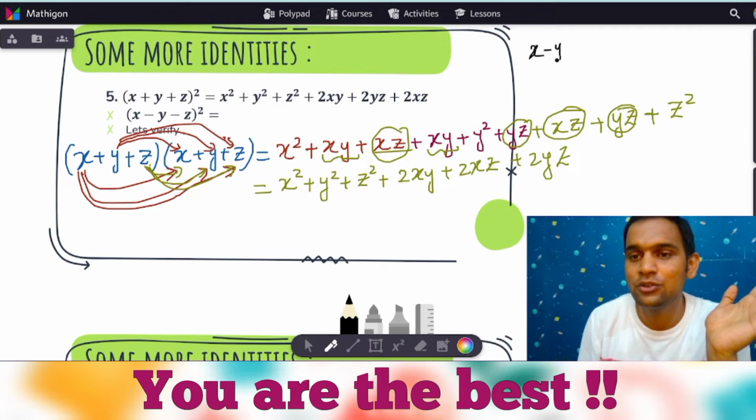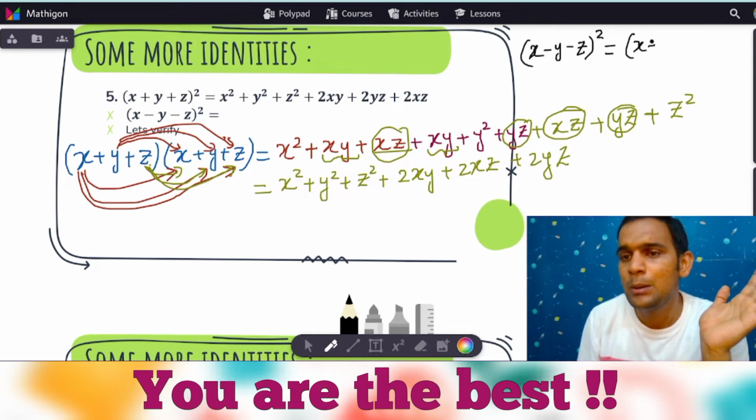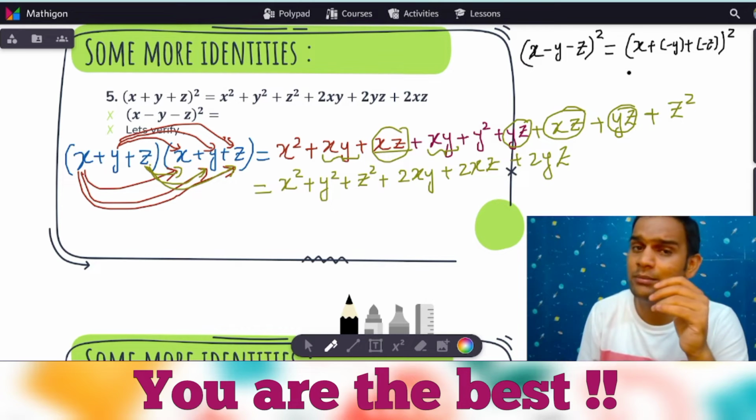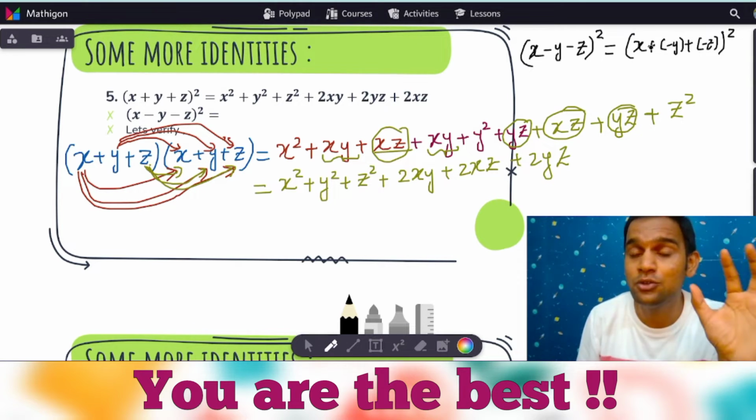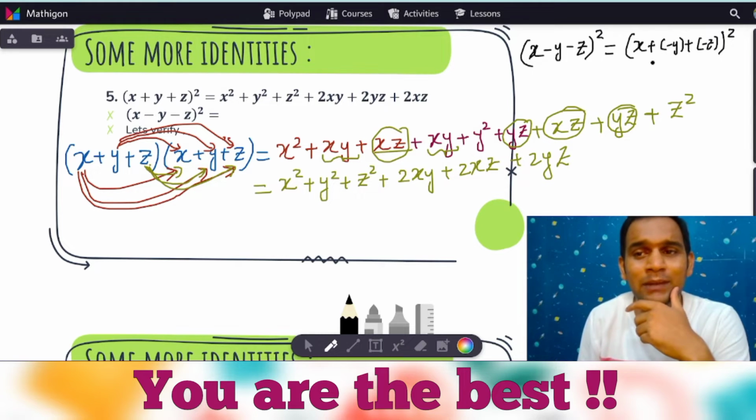Because x minus y minus z, the whole square, can I write it as x plus minus y plus minus z to the whole square? Now you might be thinking, why am I doing it like that? Because we already know the formula for x plus y plus z. So I am trying to keep it in plus form. Instead of y, I can obviously keep minus y.